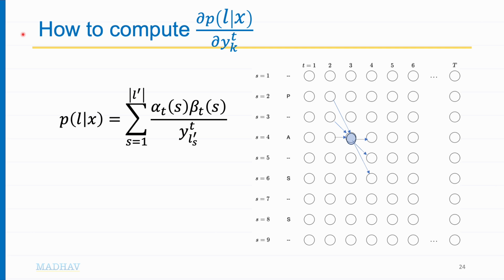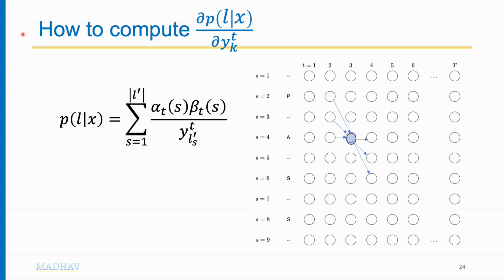Now the question is, how do we compute it? Alpha is a summation of many paths, beta is a summation of many paths. When you multiply them, basically it gives you all possible paths, and the product over all the y_t's along each path. That is one term, and then you add over the next path, and so on.